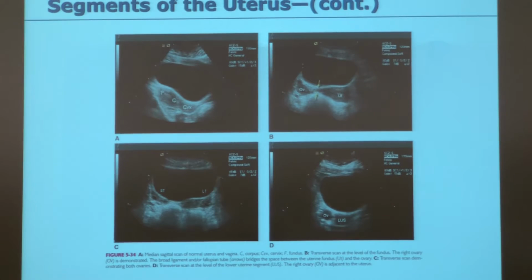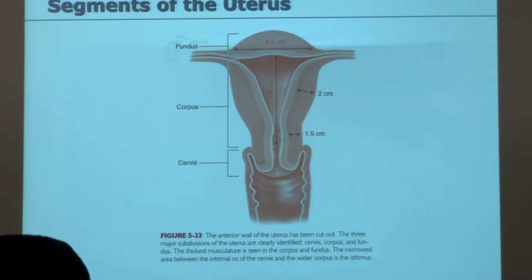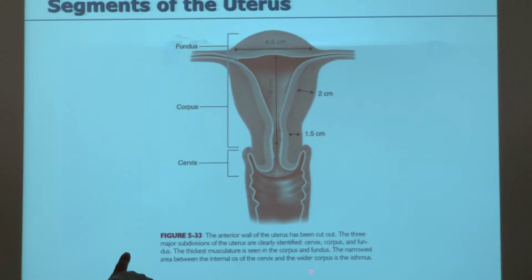Now if we do the endovaginal, we enter the probe here. You insert here. And when you do transverse: transverse cervix, transverse lower uterine segment, transverse at the widest part of my body or corpus, and a transverse fundus, no endometrium.